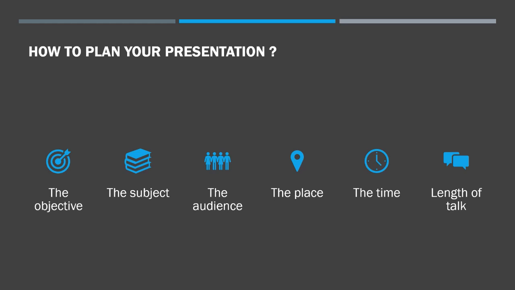First, understand the objective of the presentation. So what is the objective? It is nothing but what the presentation is going to achieve after you have delivered it on a particular topic. When you deliver a topic in front of the audience, what is the audience going to achieve?